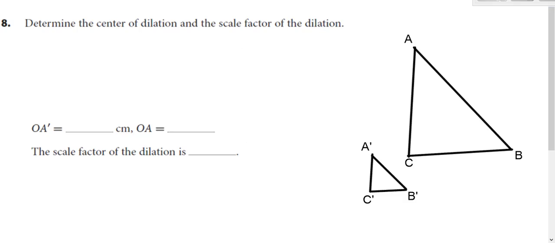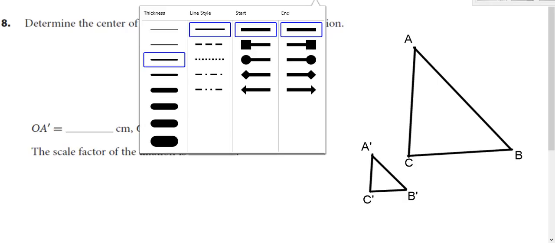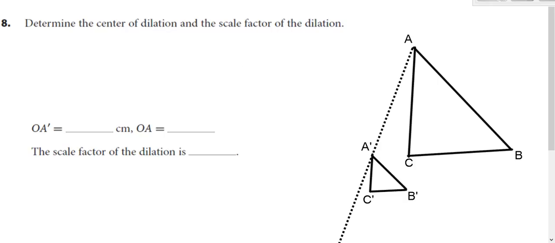So one more time, that process, you draw A to A prime, B through B prime, and C through C prime to find your center of dilation.